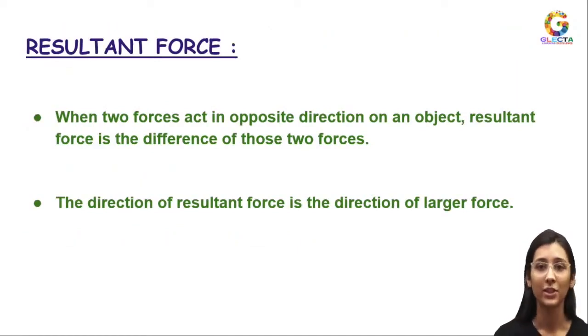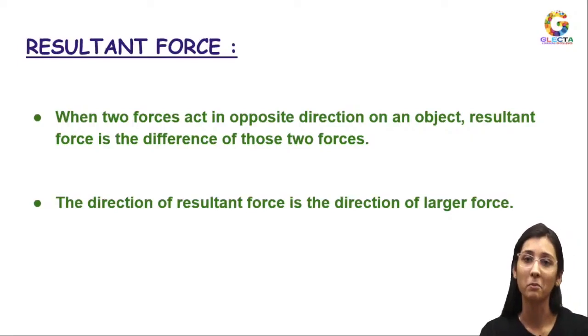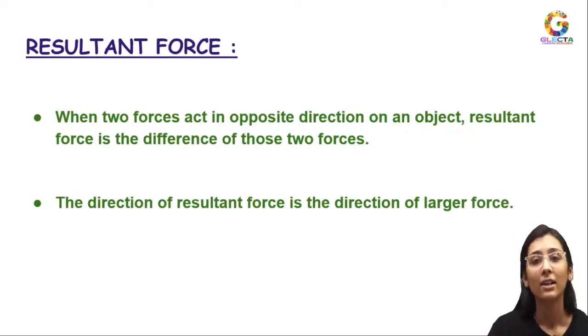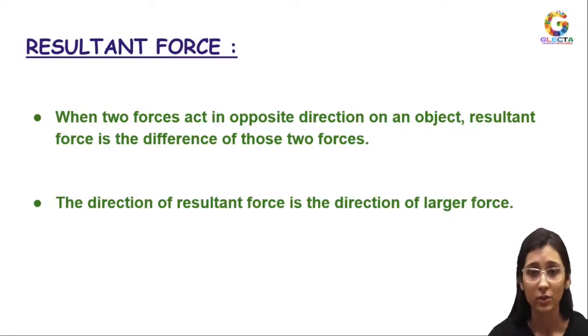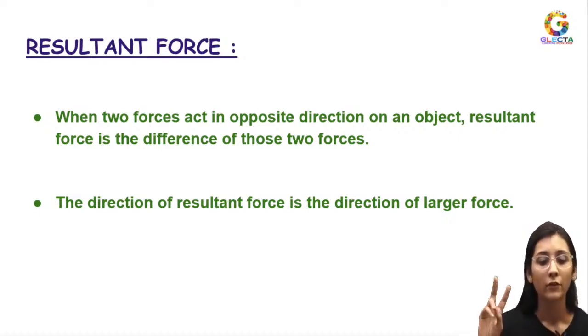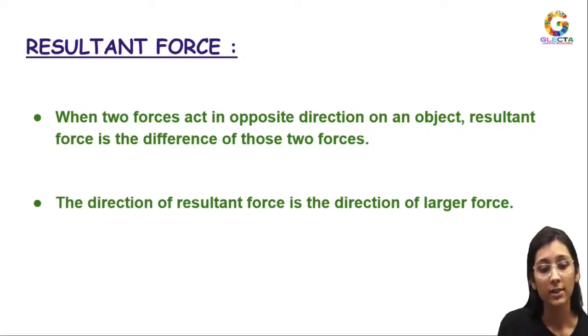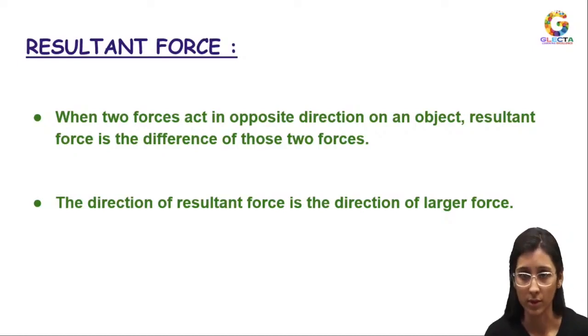Now, this term, resultant force, we are going to get ourselves familiar with. Okay. Now you can make your own imagination when I say resultant force. By resultant, what do I mean? The force which is related with the result. Okay, we know that word result. So over here, to make it more clear, let me define it. When two forces act in opposite directions on an object, the resultant force is the difference of those two forces.